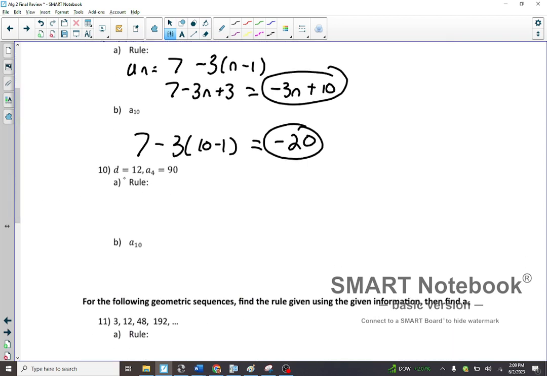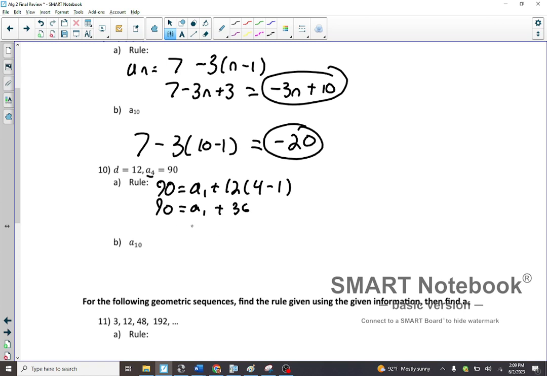This one, same concept. I have d, I have A4 in this case. I don't have A1, but I could find A1 using my rule. So I know on the 4th step, it's going to be 90. So 90 equals some mystery A1, plus I know what the d is, 12, times, I know what step I'm on, step 4, so n is going to be 4 minus 1. So 90 equals A1 plus 3 times 12, which is 36.